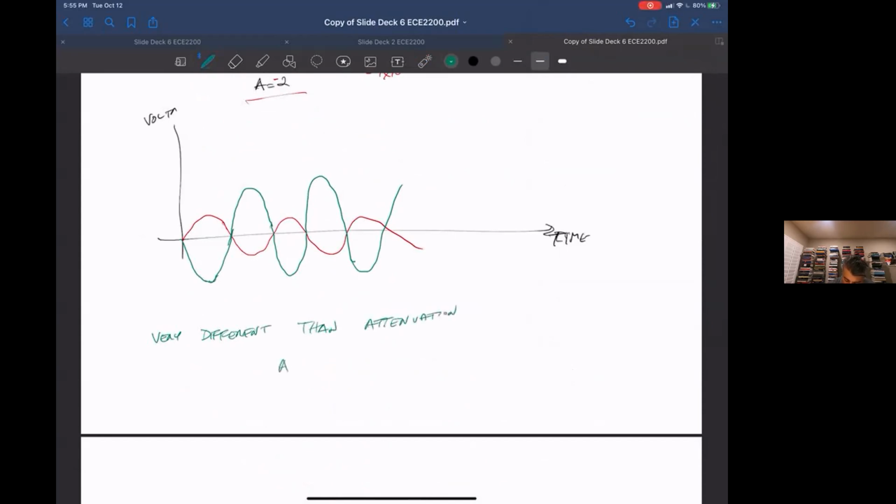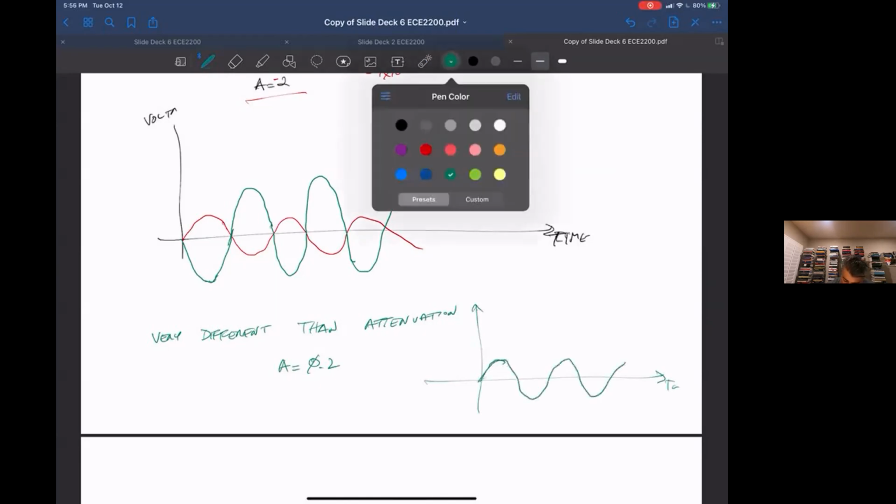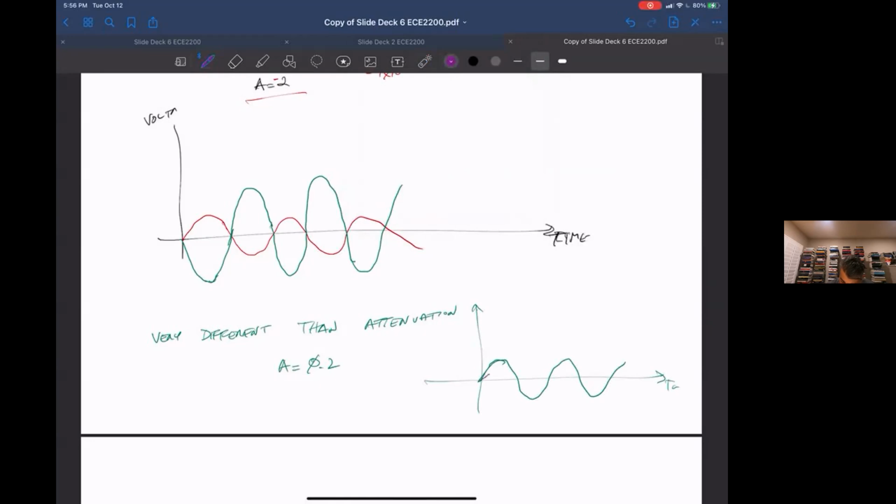Attenuation would be like a gain of less than 1. So if, let's say, your gain was 0.2, and your input was this much, your output would be like that much. So you're actually making the signal smaller.